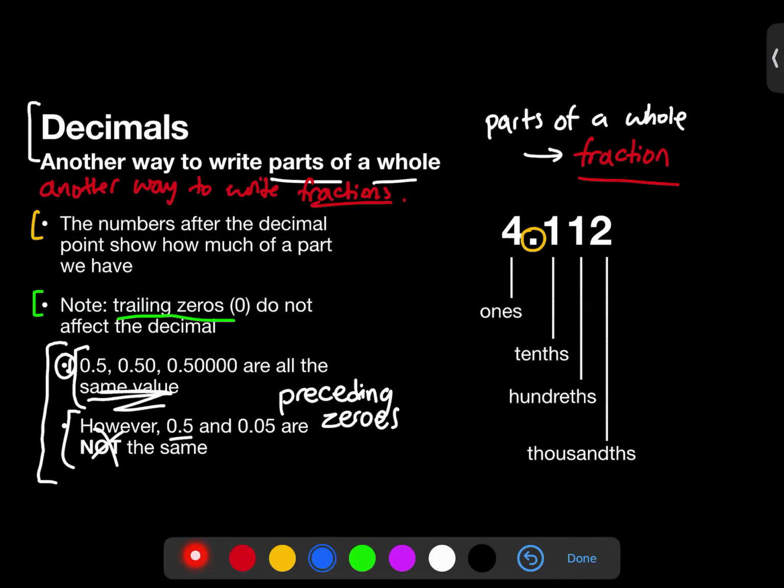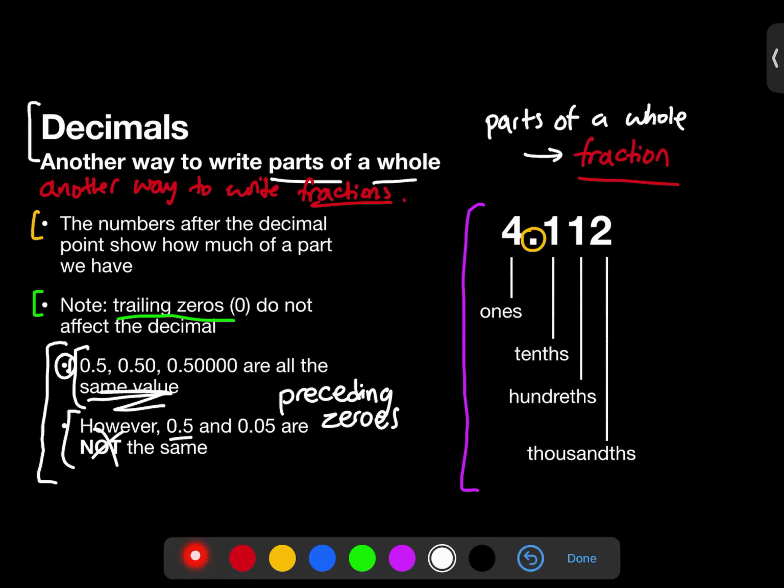So now let's see how we describe the decimal. We have these different parts of a decimal. We have the numbers that come before the decimal, and we have numbers that come after the decimal, right?